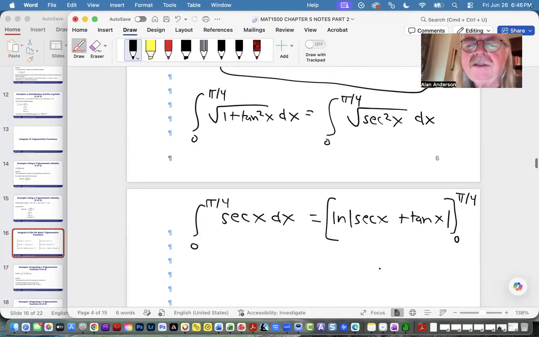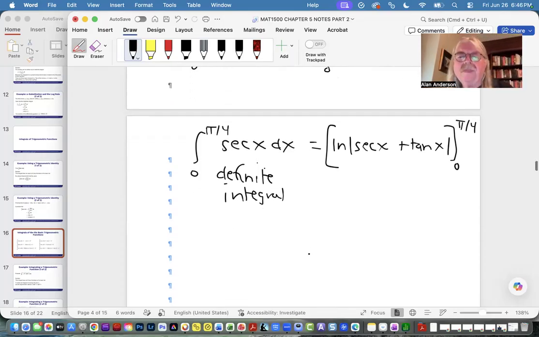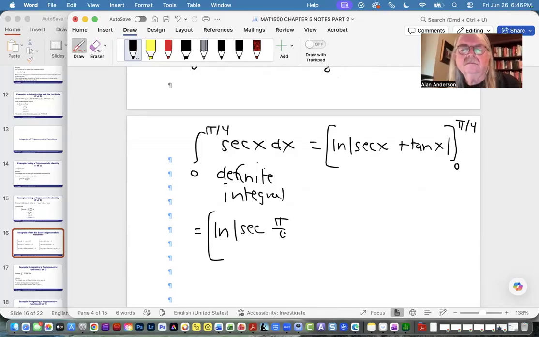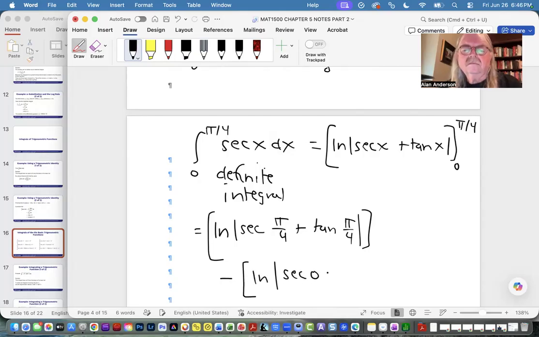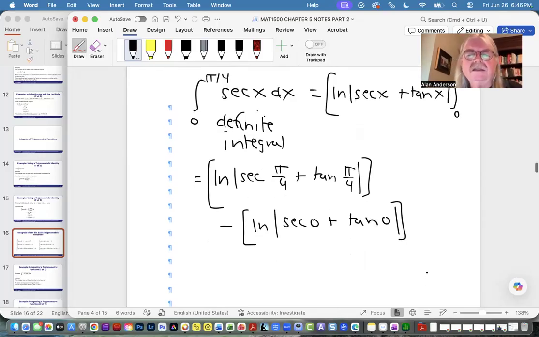All right. So keep in mind, this is called a definite integral. And what we're looking for is an actual number. All right. So now the challenge is to find these on the calculator.